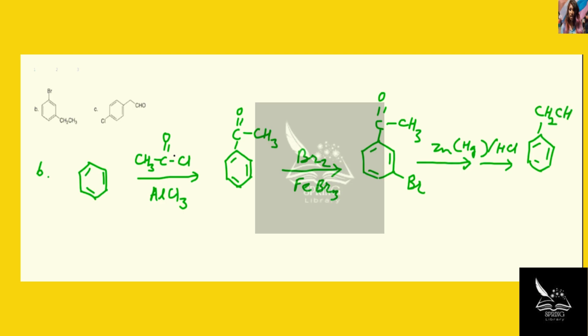So this is Clemmensen reduction. A very important reduction, by that C=O can be converted to CH2. So we are getting the final product B here, starting from benzene.